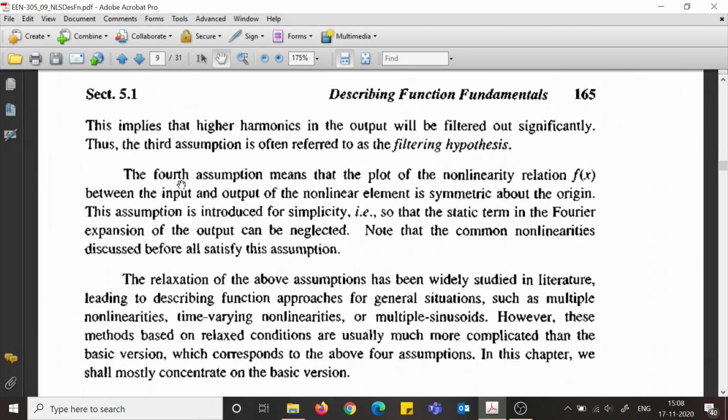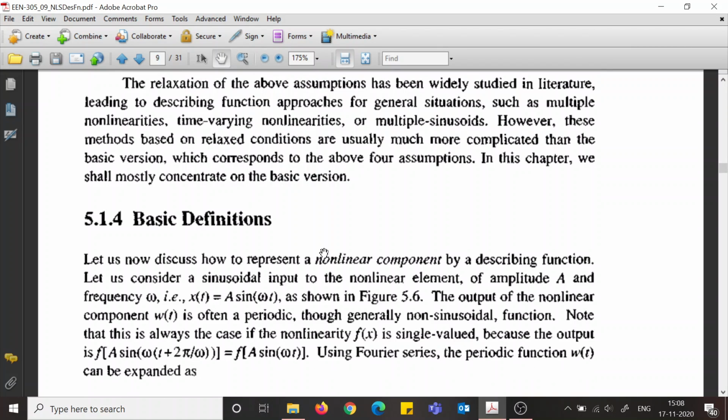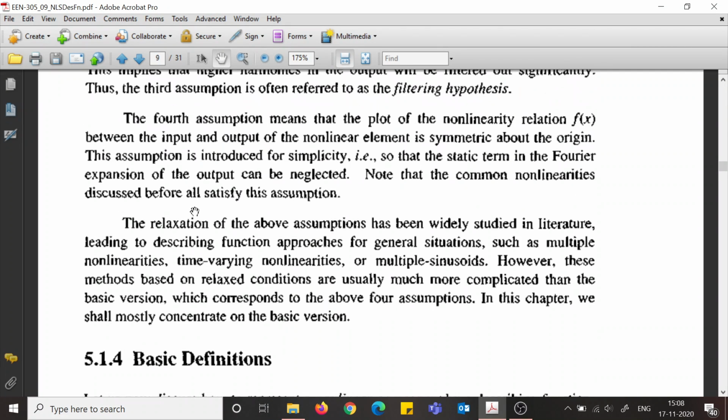So you see the fourth assumption: the plot of the nonlinearity function between the input and output is symmetric about the origin. This is for simplicity, so that the static term, which is the A0 term in the Fourier expansion, can be neglected. Okay. Actually, all the common nonlinearities that we have discussed before satisfy this assumption.